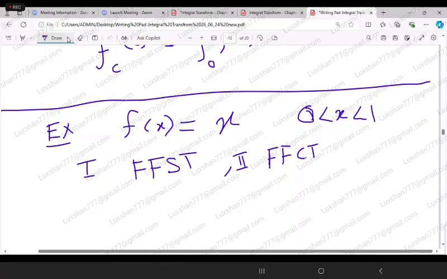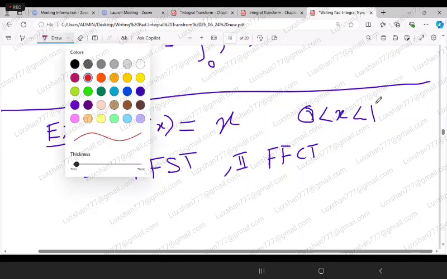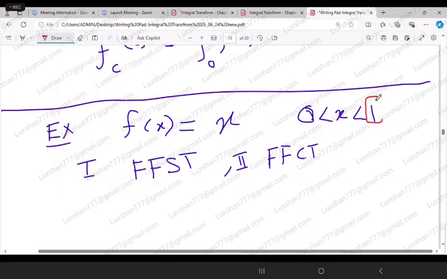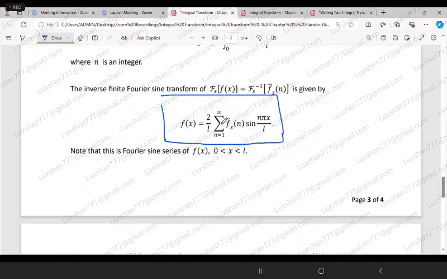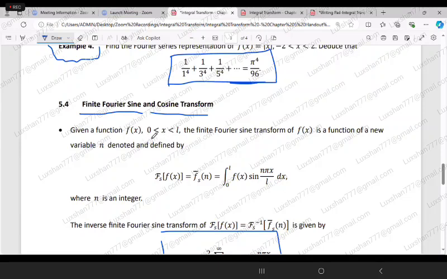So here, if you compare with the earlier one, this is our L. Our L is equal to 1. Now, look at the way the function is defined. Actually, the range should be 0 to L, because we are defining the sine and cosine transforms. Whenever you define the finite Fourier sine transform, you have to clearly mention all these conditions.